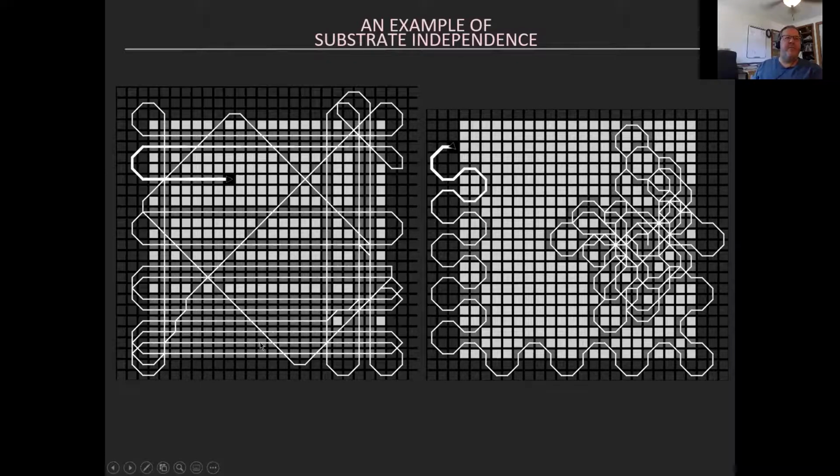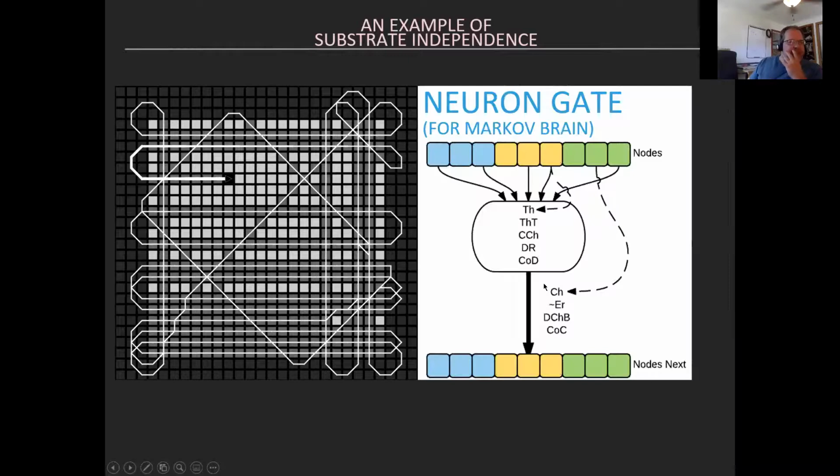We get this reasonably nice back and forth plowing. And in this case, we get this sort of S-ing, a lot of repeated visitations to the same location, very inefficient. And then this kind of inefficient S-ing along the edge. This behavior was generated by a Markov brain that had neuron gates in it.